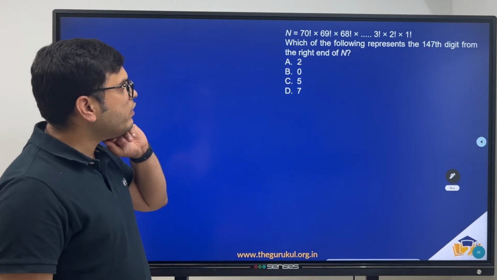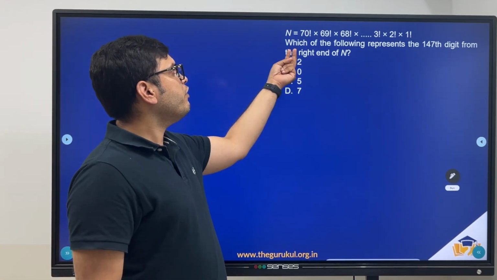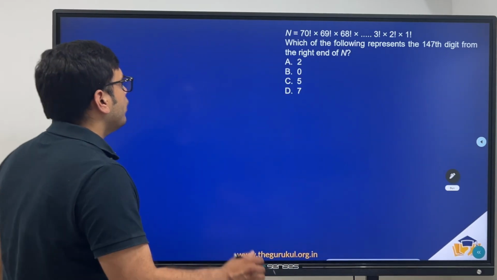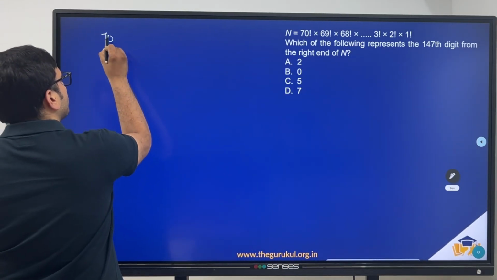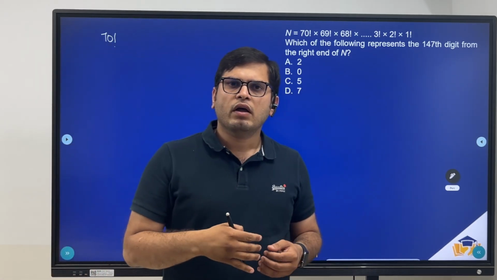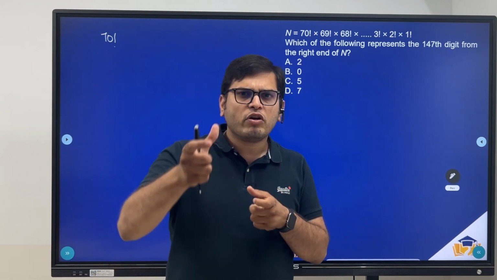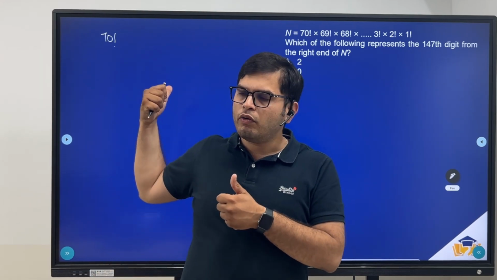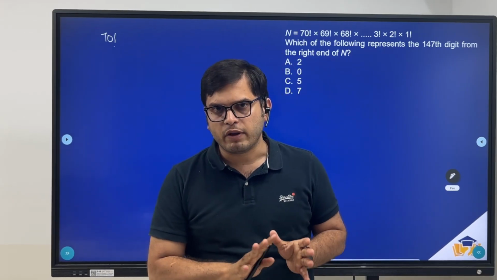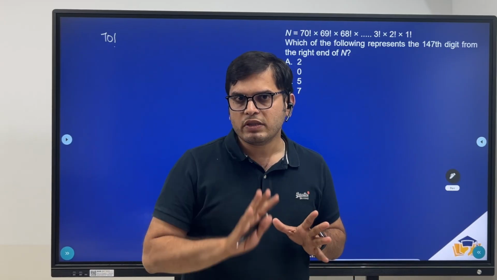So first let's find the number of trailing zeros in the product of 70 factorial into 69 factorial into 68 factorial, so on till 1 factorial. So in 70 factorial, how many trailing zeros? Trailing zeros depend on the least power of 2 or 5. In factorials, we should be checking for the highest power of 5 that can divide it, so that you get the number of trailing zeros in that factorial.